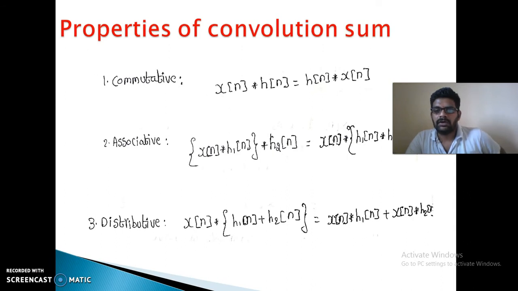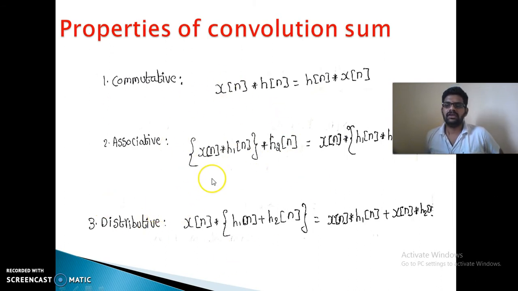And distributive property: x of n convoluted with h1 of n plus h2 of n is equal to x of n convoluted with h1 of n plus x of n convoluted with h2 of n. This is the distributive property. The discrete impulse response also satisfies these properties, that is commutative, associative, and distributive.